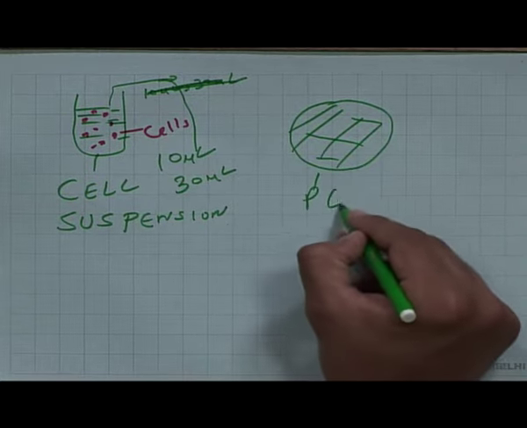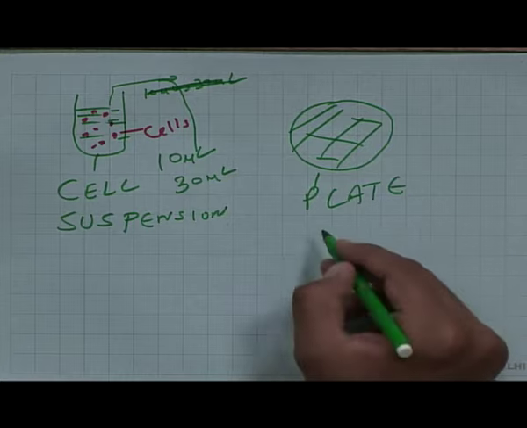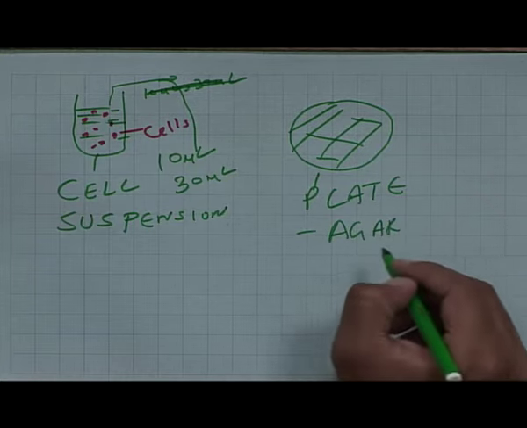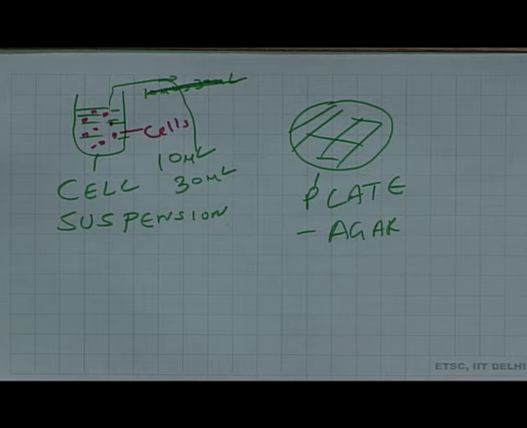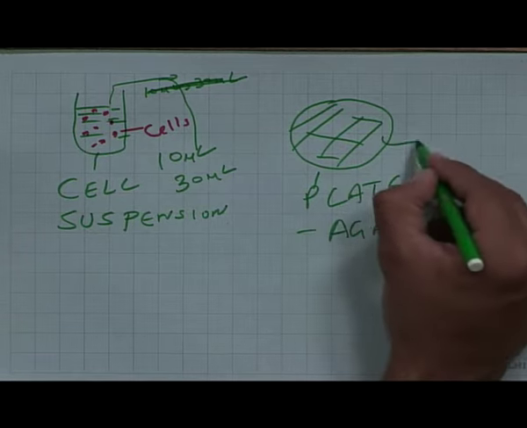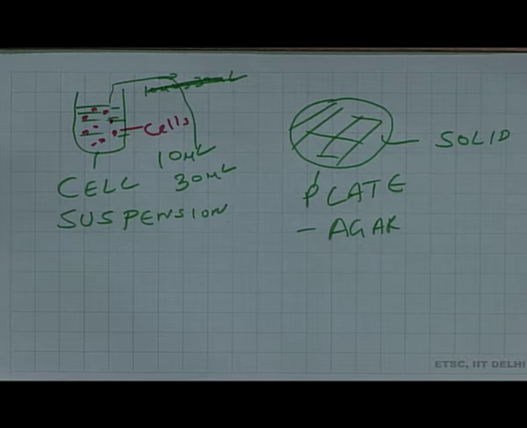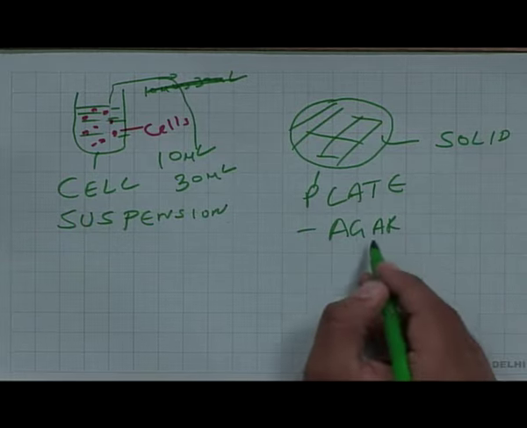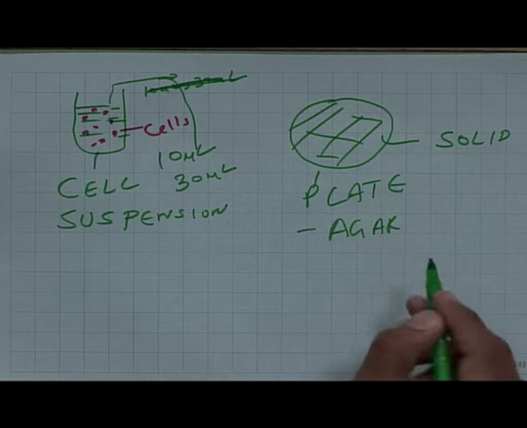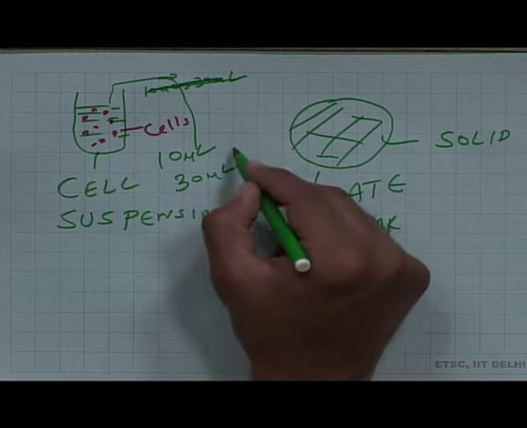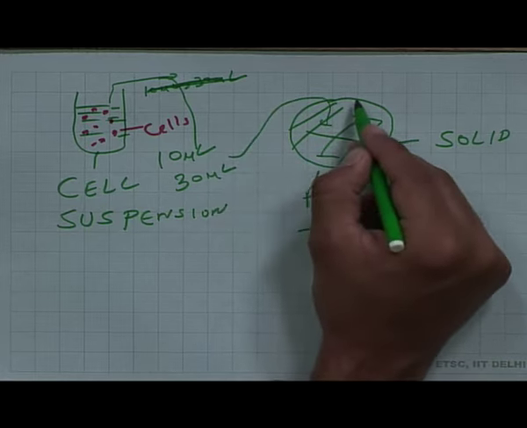What is this plate? This is an agar plate. Agar is a medium, and you can put other nutrients as well, and it is solid, but not rock solid, like a jelly. It has all the requirements for the microorganism to grow, and then you add 30 microliter on the surface of it.